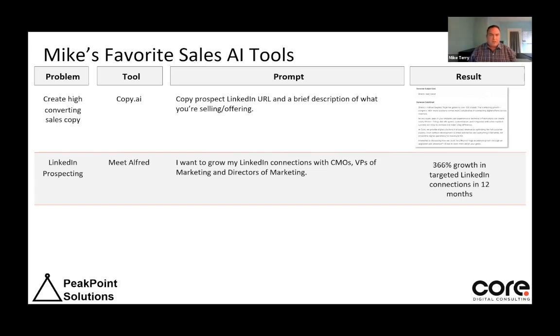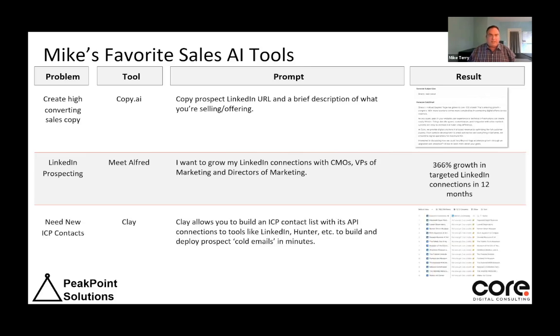I went from about 3,000 LinkedIn connections to currently 11,000 LinkedIn connections of people who are qualified in Fortune 500 companies: CMOs, VPs, and directors of marketing. After those connections are made, the data that comes from Meet Alfred also lets you ping people on their birthdays, on their work anniversaries, and on new jobs. It's a great tool, highly recommend it.